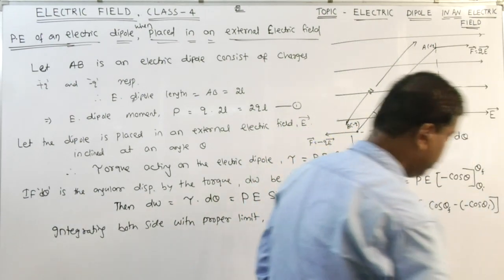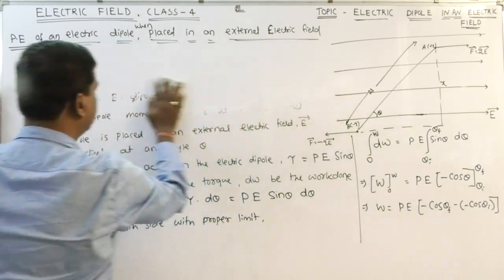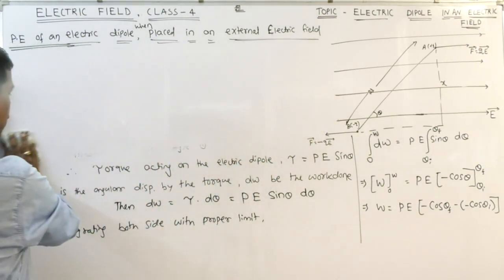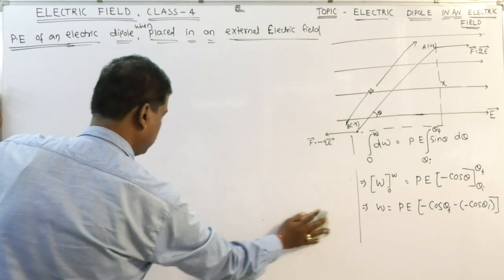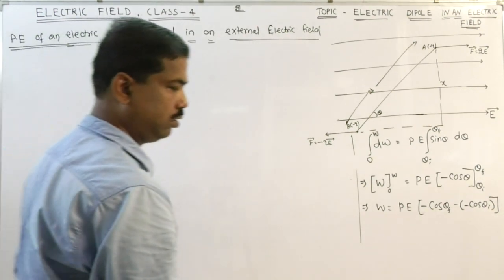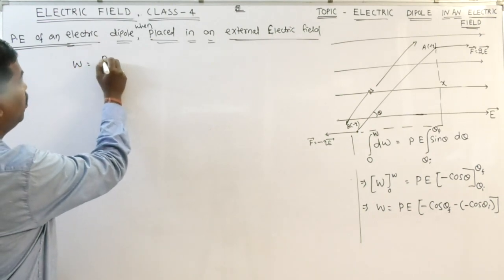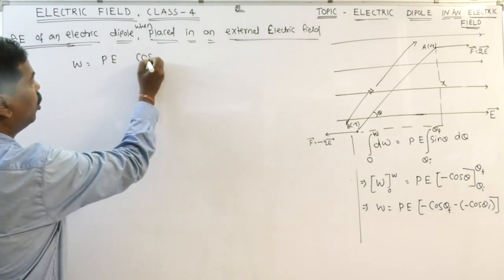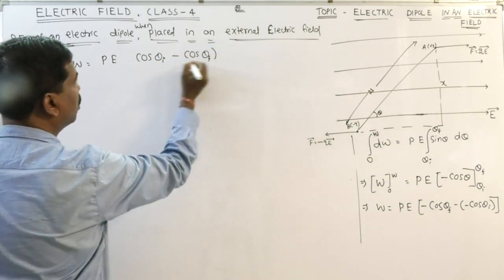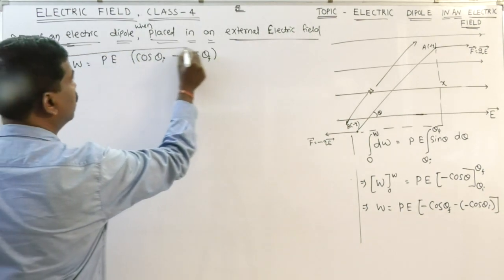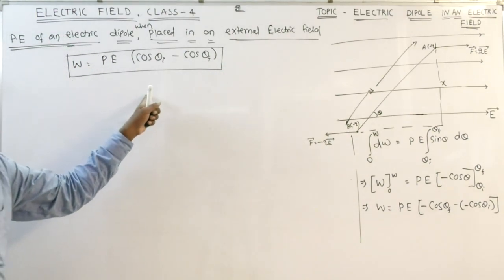If you solve it, W is equal to P E times cos theta I minus cos theta F. Clear?